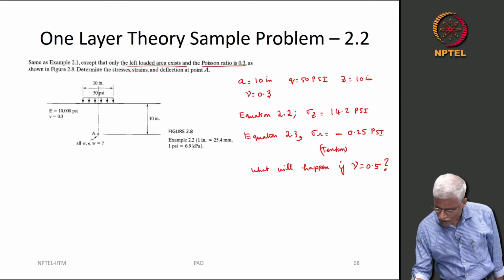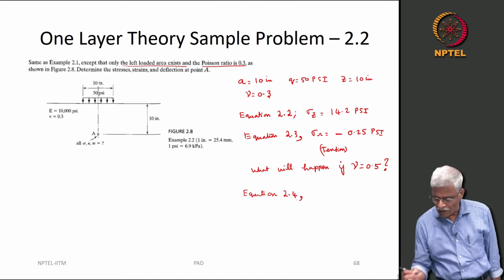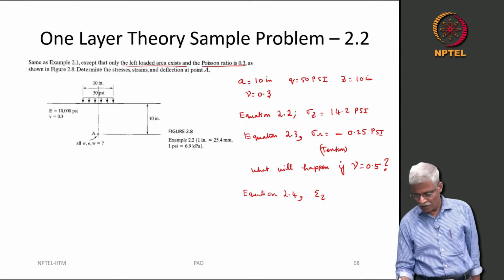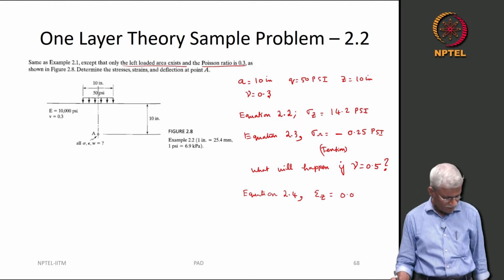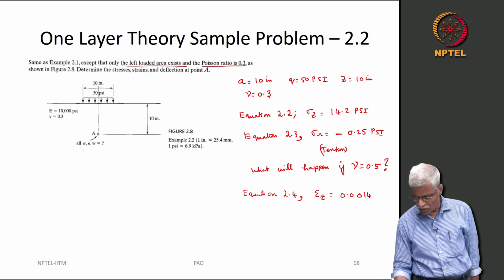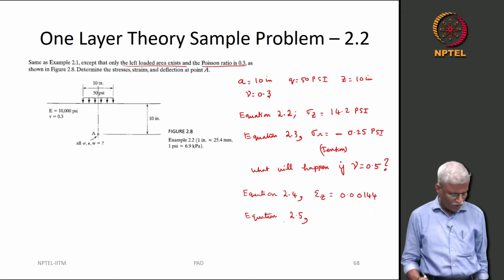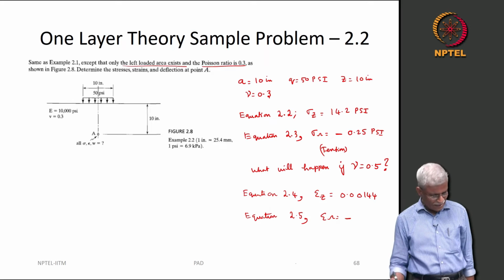So, now let us write equation 2.4. If you use it, you will get epsilon z, and that is going to be 0.0015144. If you use equation 2.5, you are going to get obviously a negative value.